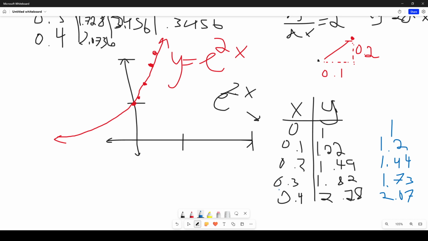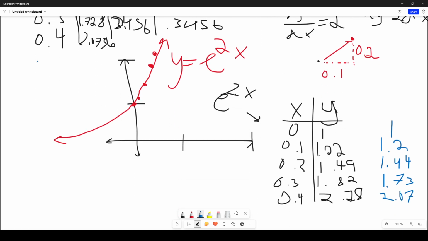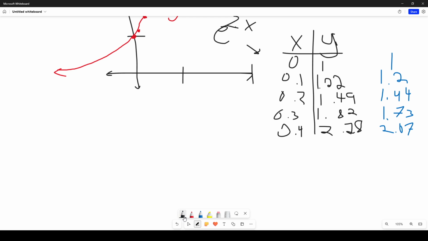So for Euler's method, you'll be expected to do this kind of table right here, which is what I would recommend you try out. In fact, as an example, I want you to start with the initial value of (0, 1). And I want you to use a delta x of, let's say, 0.2.